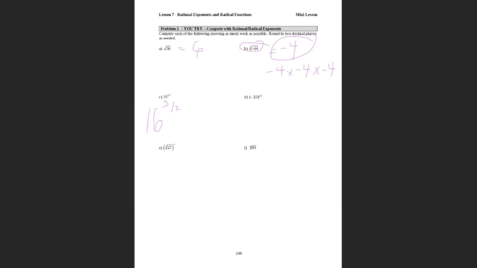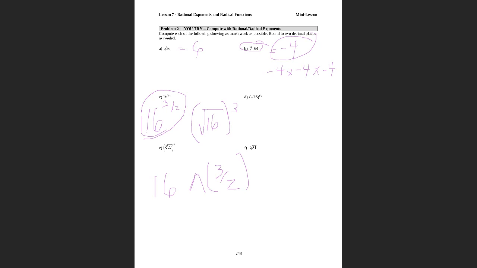Now you know that the root is the denominator, so you could do that. Square root of 16 cubed, right? Or you could just put this in a calculator by doing 16 to the power 3/2, like that.